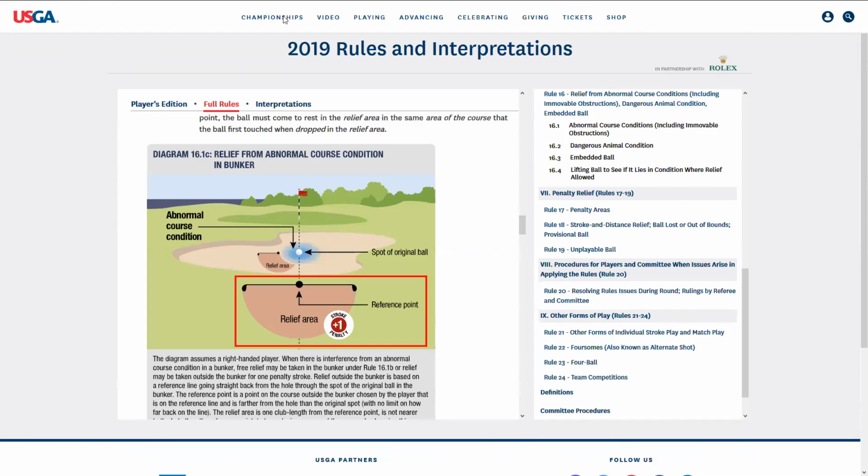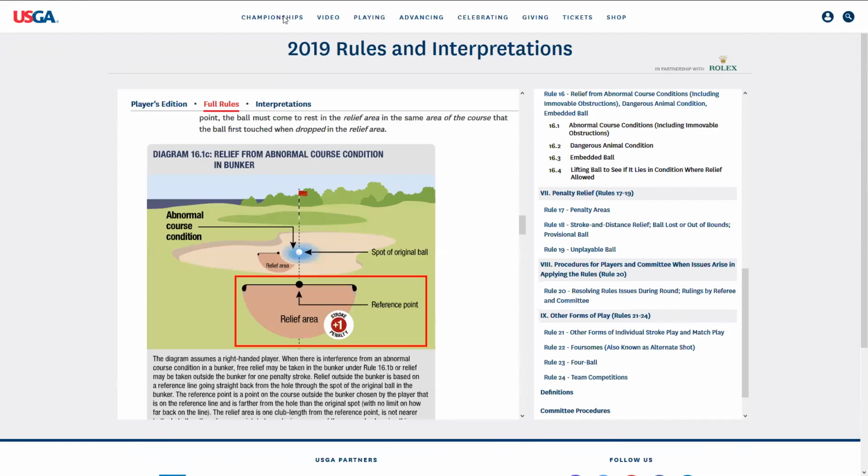That's why it is crucial to tell the players that they should put a tee down there, because then they will know if the ball jumps ahead of the tee that they're outside the relief area. And typically a player will drop somewhere behind that such that the ball is going to wind up in the relief area. Understand it's a 1 penalty stroke.